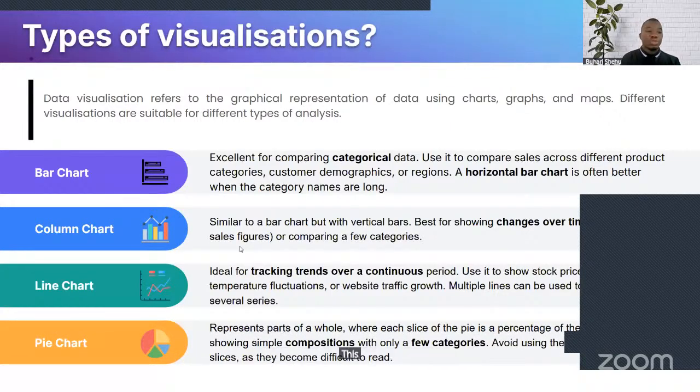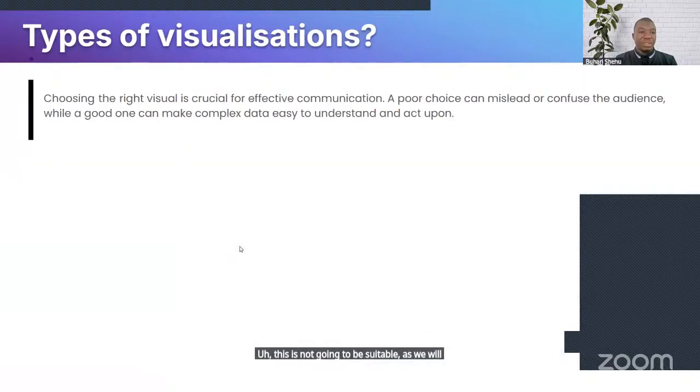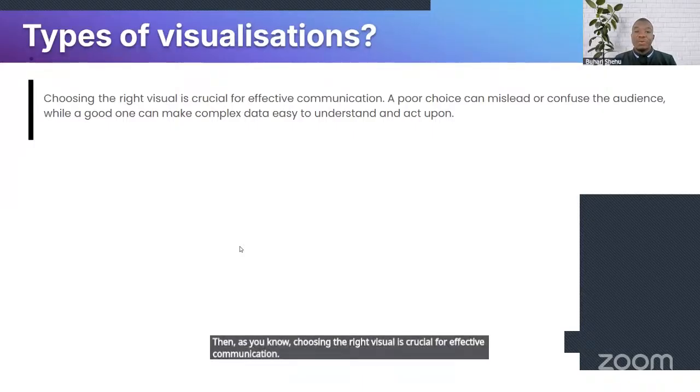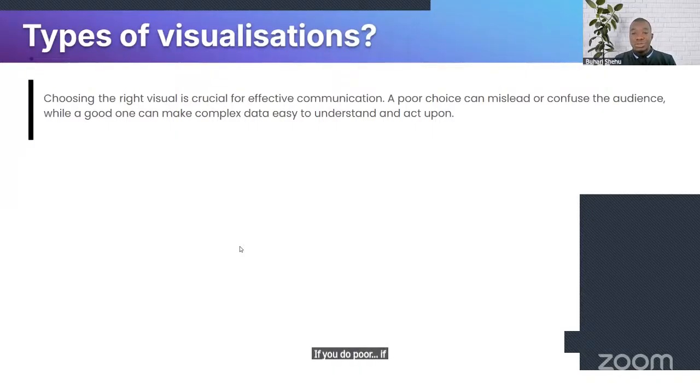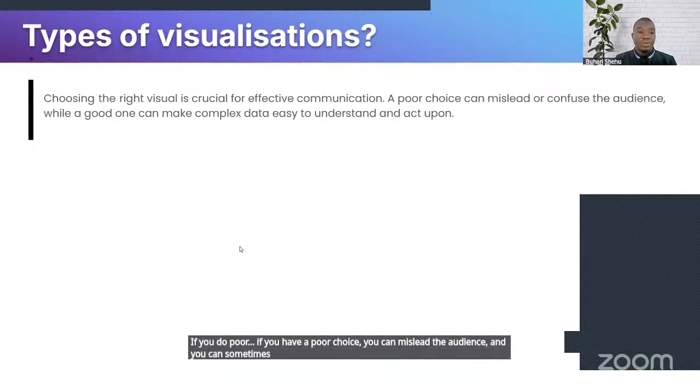This one is used to get the proportions, all right? And it's more suitable for fewer categories. If your categories are many, then this is not going to be suitable, as we will see with the demonstration. As you know, choosing the right visual is crucial for effective communication. If you make a poor choice, you can mislead the audience and sometimes confuse them.